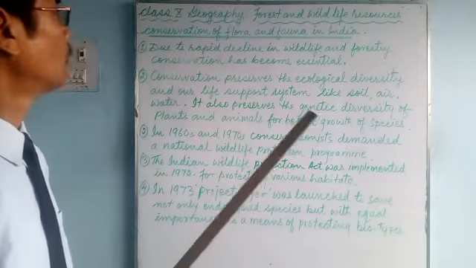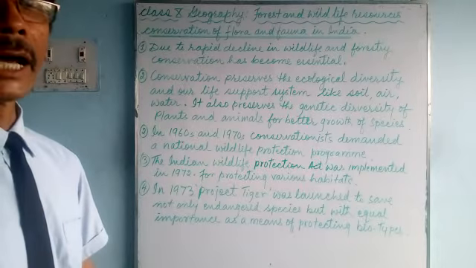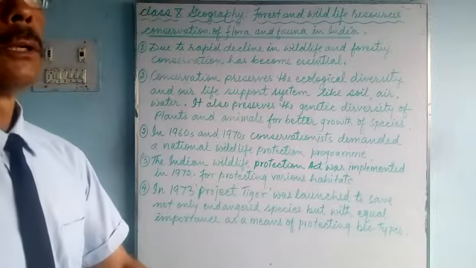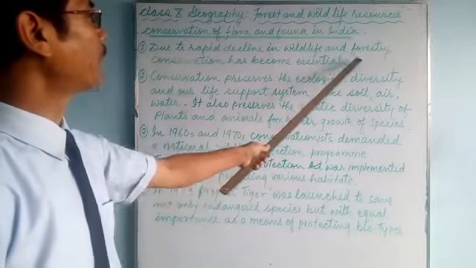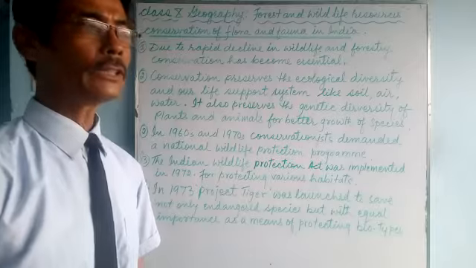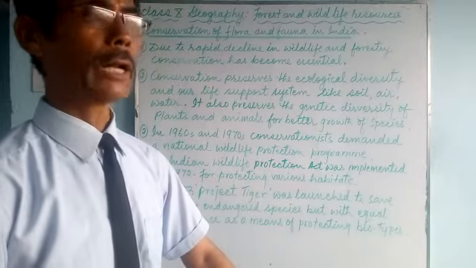As the world is getting modernized, as the country is getting modernized, it has had a negative effect on plants and animals. So due to rapid decline in wildlife and forestry, conservation has become essential, very important for our own survival.